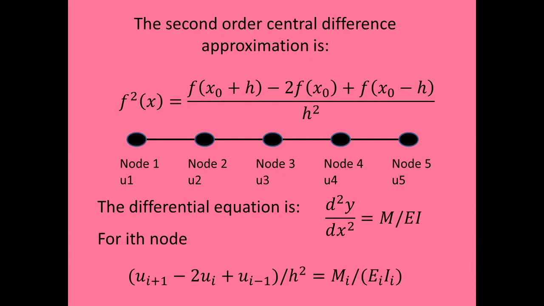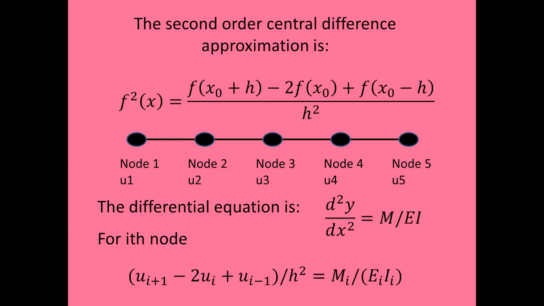If you compare this particular expression with the second order central difference approximation, if the value of x naught is at the ith node, then x naught plus h is going to be i plus 1, and x naught minus h is going to be i minus 1. So this is how the expression is going to be written, and i is going to have 3 successive values.